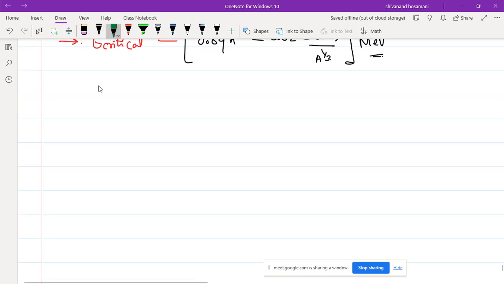Similarly, ಈ fission ಒಳಗೆ ಎರಡು ಟೈಪ್ ಬರ್ತವೆ. One is symmetric fission, another one is asymmetric fission.